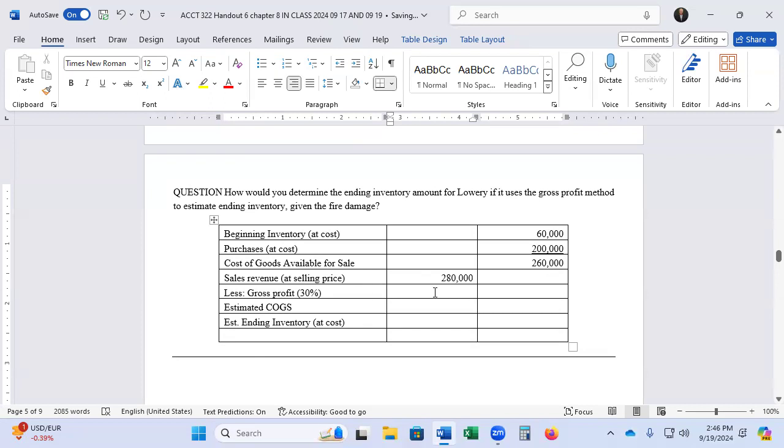So you take 30% of 280,000, and I get 84,000. And so this becomes our estimated cost of goods sold, 196,000. And our ending inventory would be 64,000.